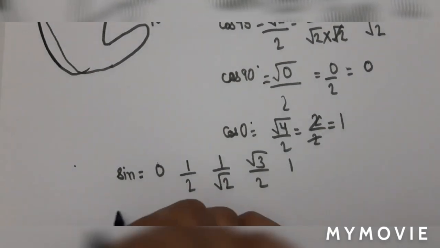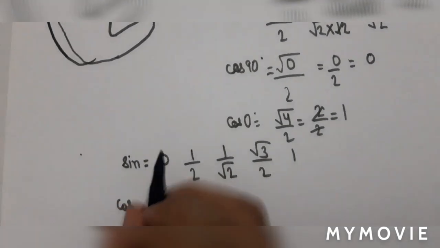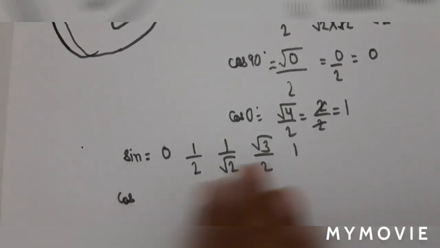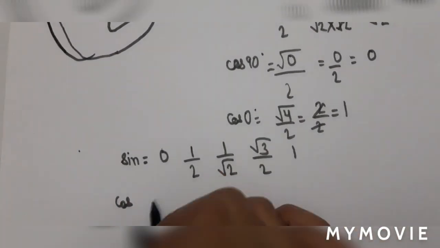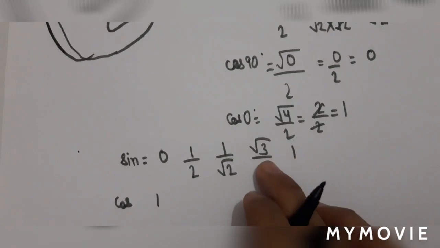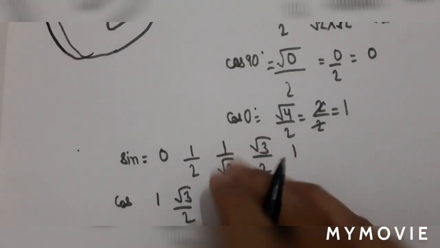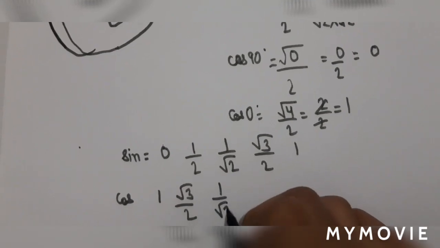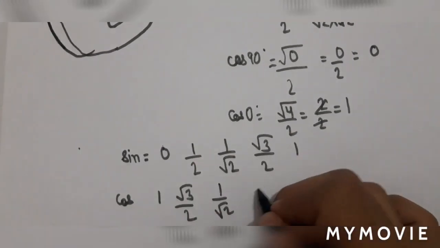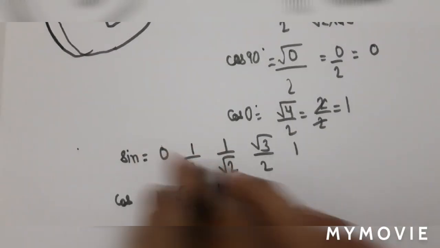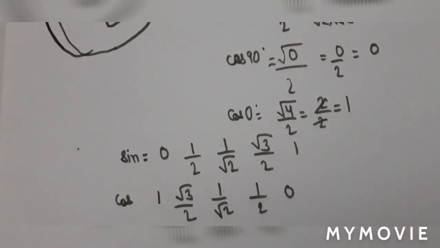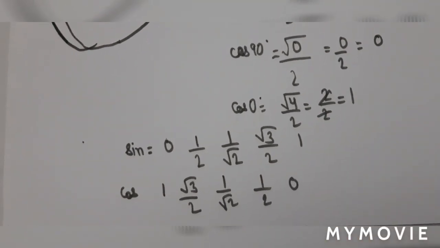And cos values are the reciprocal of this. See, 1, you should write 1 first. Then root 3 by 2 you should write. Then you can write 1 by root 2. Then 1 by 2 you should write. And then 0 at the last. So this is a shortcut for cos values.